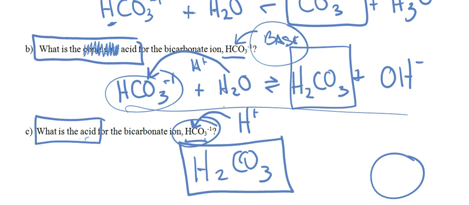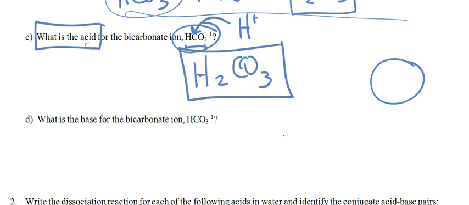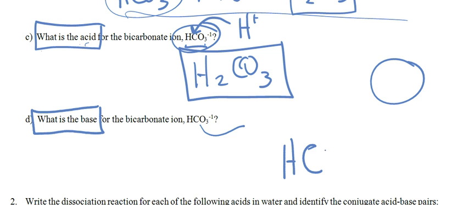All right, try D on your own. Okay, so you've had a chance to try D. So it wants to know, what is the base for this conjugate acid? So if this is acting like a conjugate acid over here, if you need to draw it, that's fine. That means it's giving away a hydrogen to something.